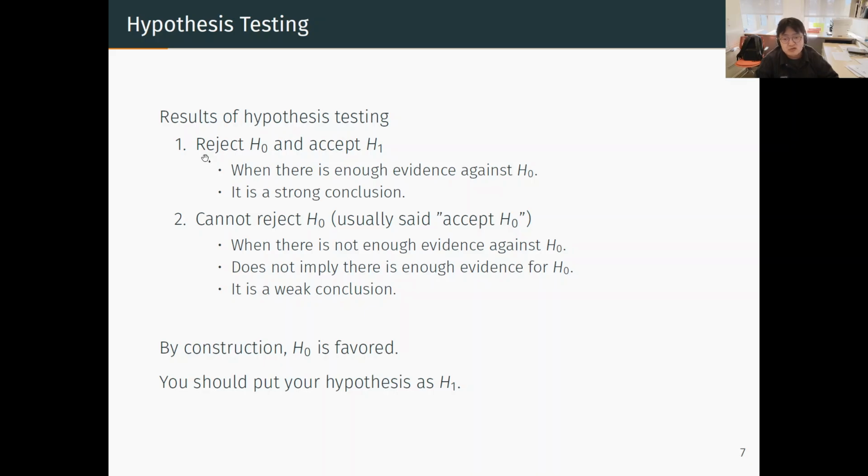So when you reject the null hypothesis, that is a pretty strong conclusion because you already have evidence. It's like when you are found guilty, that means there should be enough evidence. That already meant your guilt is proven beyond rational doubt, right? However, when there is not enough evidence, you just don't know what's going on. Then you cannot reject the null hypothesis.